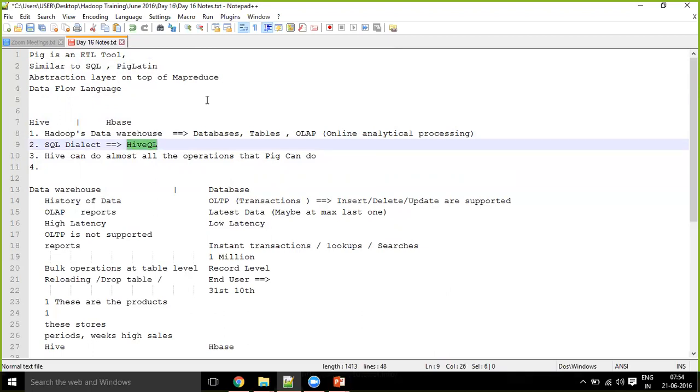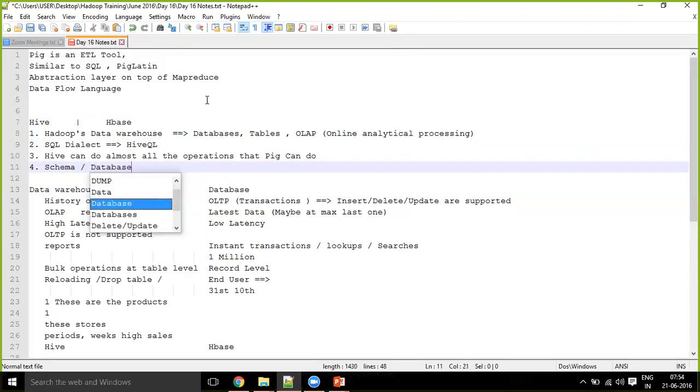You can have your databases or schemas and tables created in Hive. Whenever I use schema, don't get confused. Schema is nothing but a database. So schema or database both refer to the same meaning. So when I create a schema in Hive, you can apply your SQL queries.